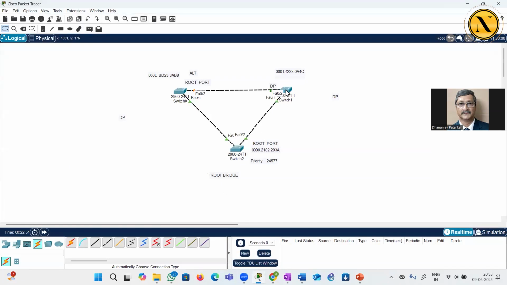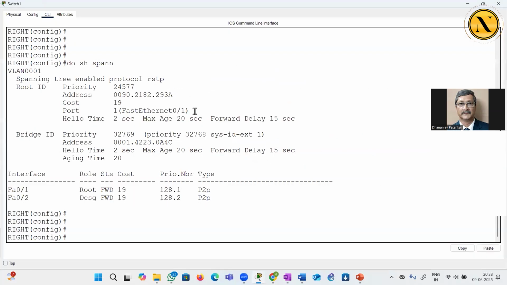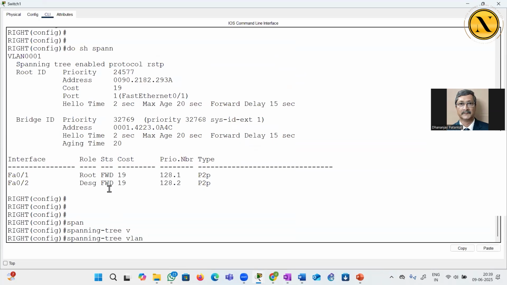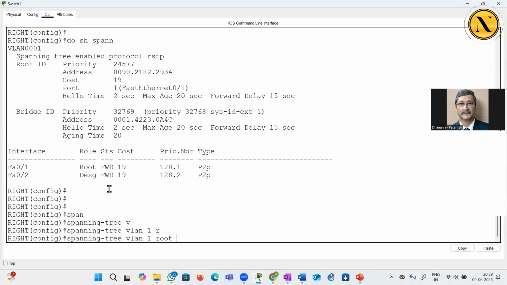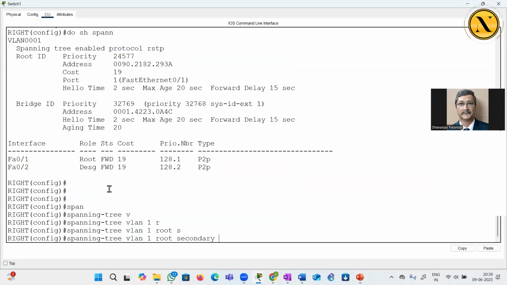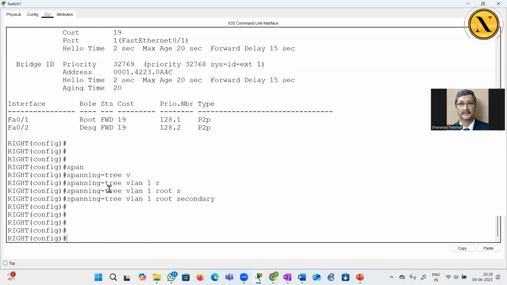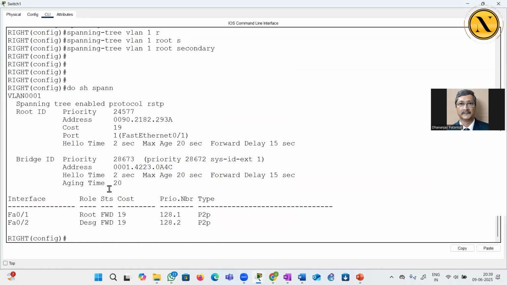So now this is my priority, and this is the root bridge's priority. See that? This is my MAC address. This is the root bridge's MAC address. Okay, now let's make it secondary. Spanning tree for VLAN 1, root secondary. Okay, check. Do show spanning tree.